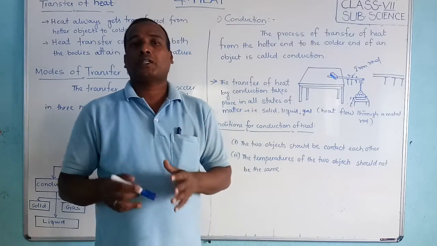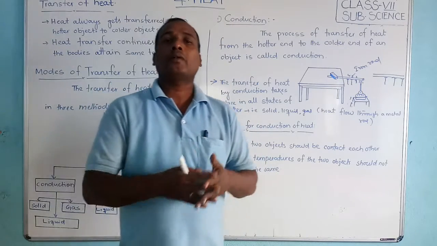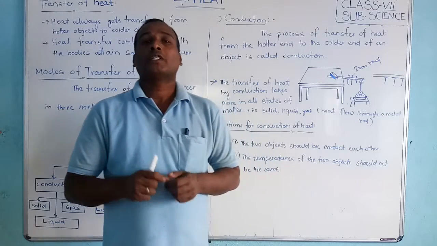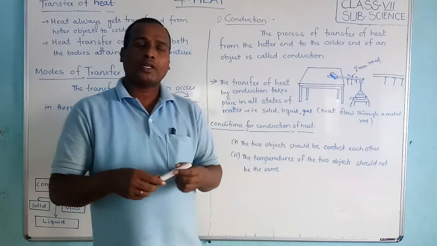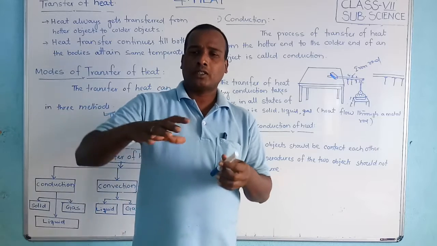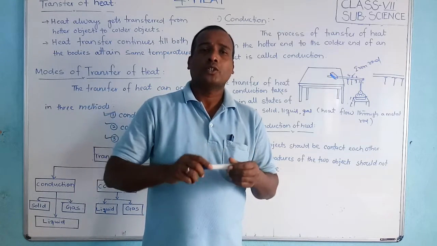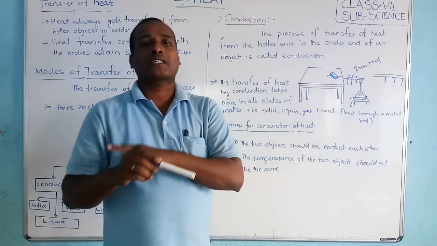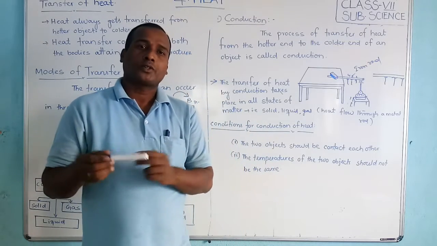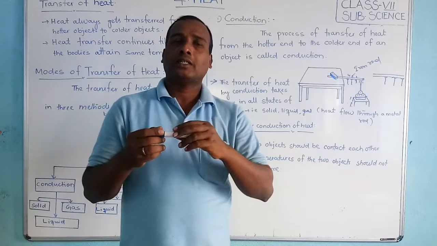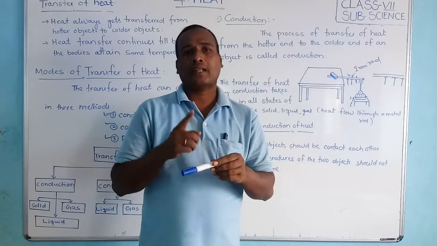Objects which cannot conduct heat are called insulators. That's why whenever we handle a spoon or other things, we use wood, because heat cannot transfer through wood. Metal things let the heat transfer.